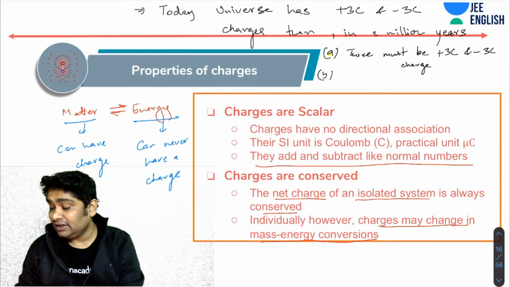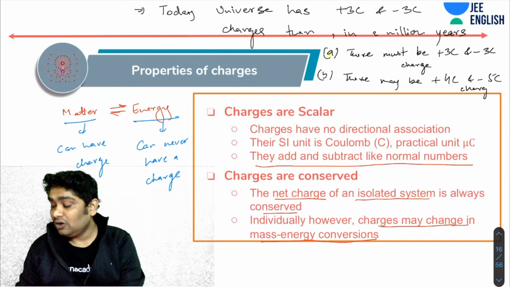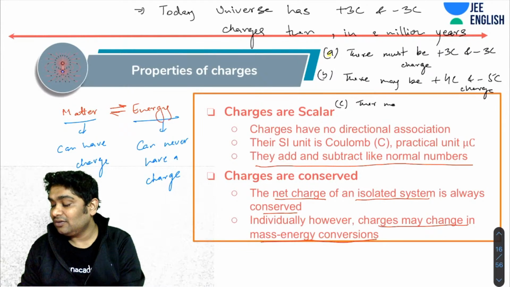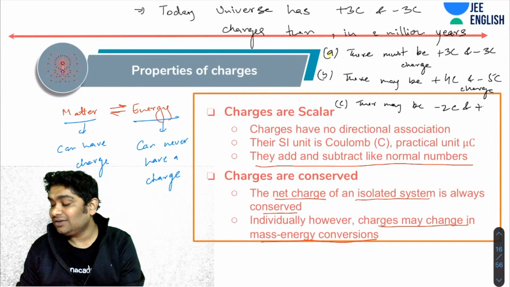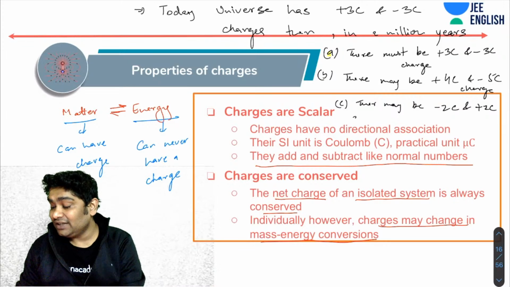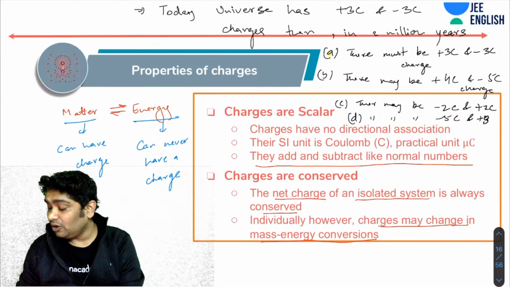Option B, there may be plus 4 coulomb and minus 5 coulomb charge. Option C says there may be minus 2 coulomb and plus 2 coulomb charge. And option D says there may be minus 5 coulomb and plus 5 coulomb charge. Which of the options is correct?